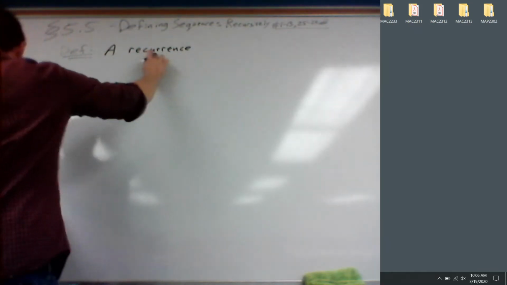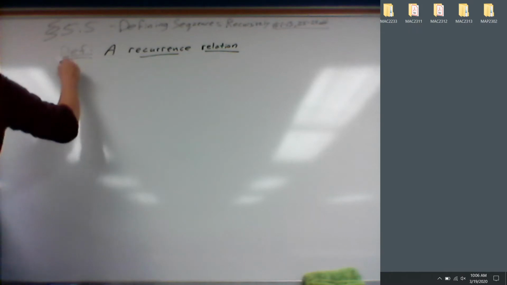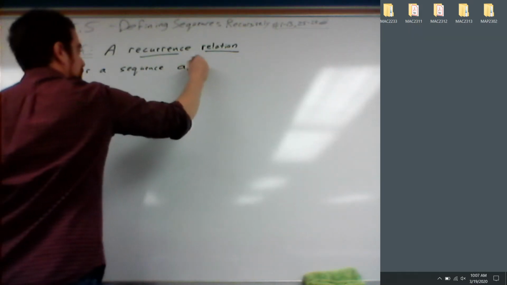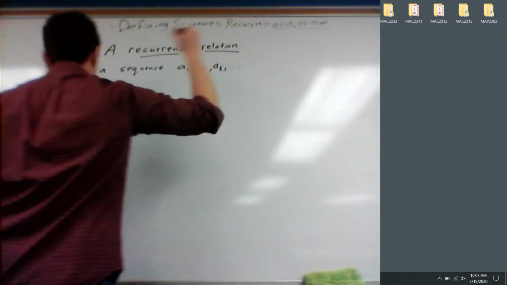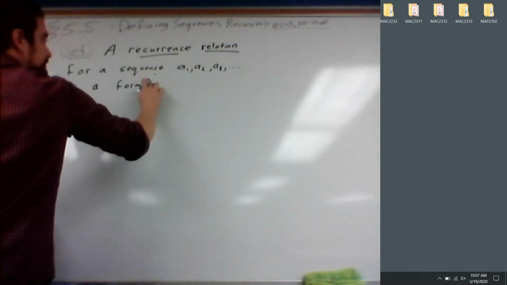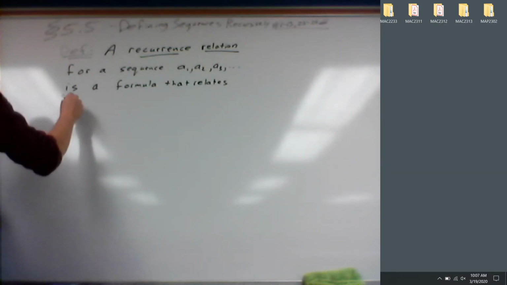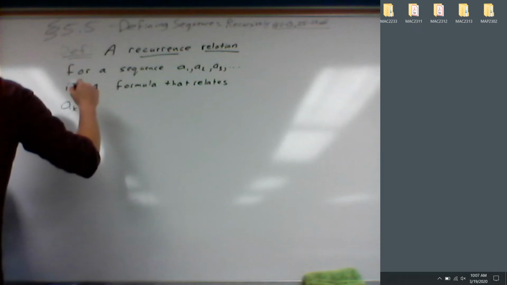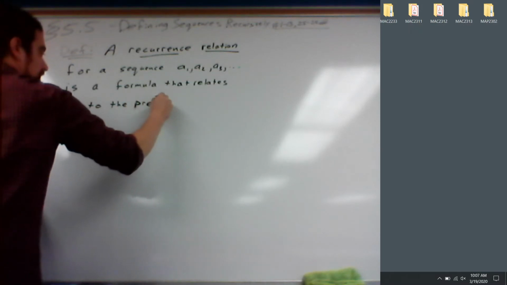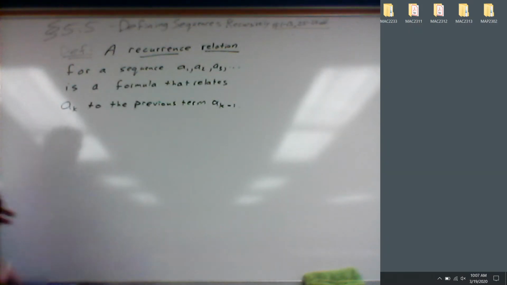So we can say that a recurrence relation for a sequence, we'll call it a1, a2, a3, and so on, is a formula that relates a general term a sub k to the previous term, a sub k minus 1, where k is an integer.